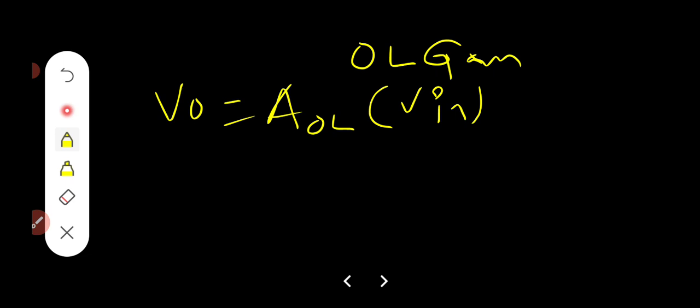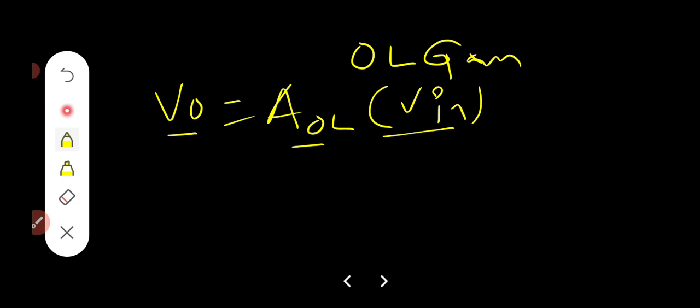This is the formula for open loop gain. Generally gain means output by input, so from this we get output voltage equal to open loop gain into input voltage. So obviously it produces a very high maximum output voltage, right?